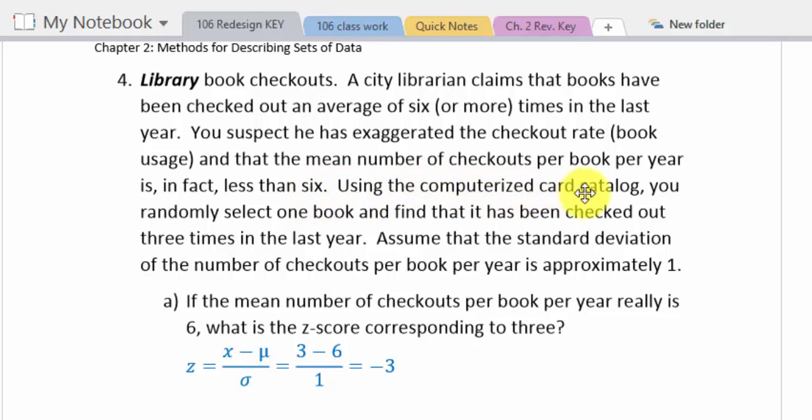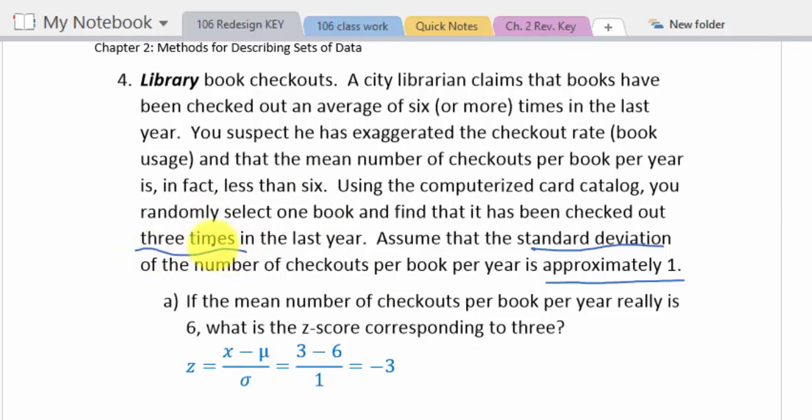Using the computerized card catalog, you randomly select one book and find that it has been checked out 3 times in the last year. Assume that the standard deviation of the number of checkouts per book per year is approximately 1. So the important details given in that narrative are that the standard deviation is approximately 1, and that the number of checkouts for your book was 3 times.